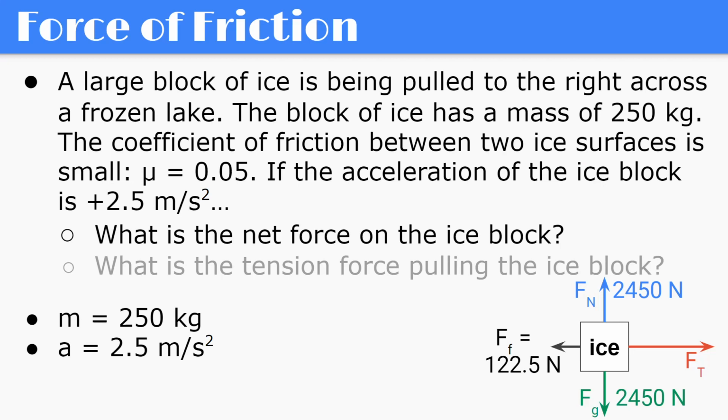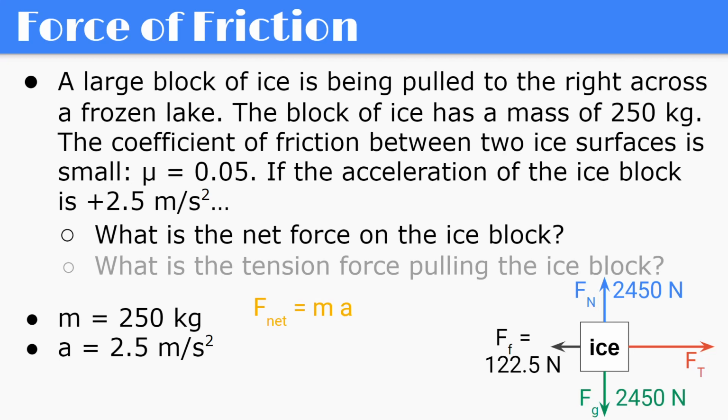The question now says, if the acceleration of the ice block is positive 2.5 meters per second squared, what is the net force on the ice block? Well, net force I can find if I know all the forces in my diagram, but I don't know them all. So instead, the other way to find net force is with the equation that we've been using, F net equals ma.